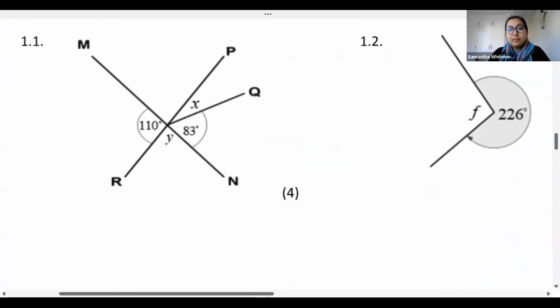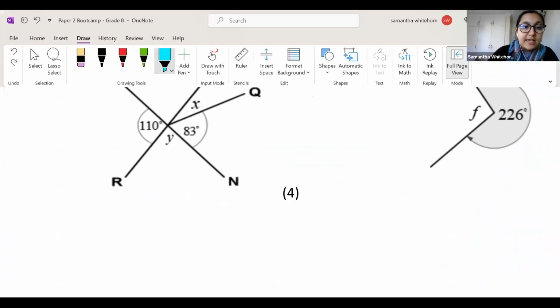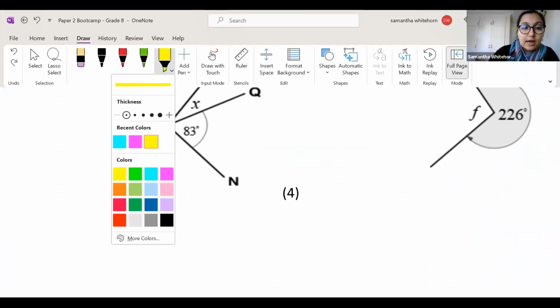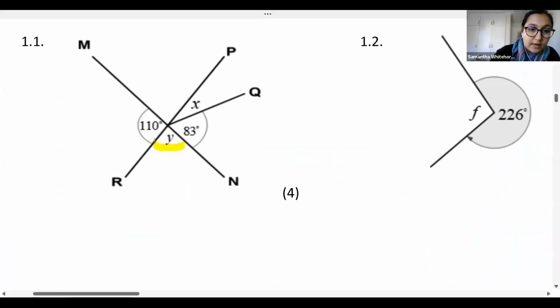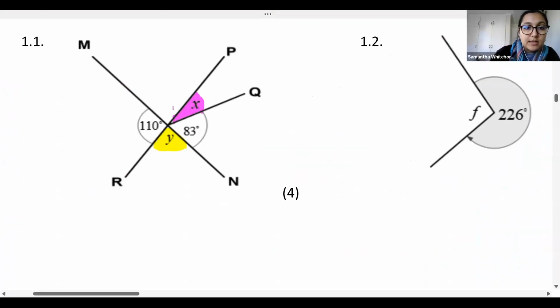We've got our diagram. The question says, determine the sizes of the unknown angles. So let's start very, very basically by figuring out where these unknown angles are. Well, I've got one unknown angle here at Y, and I've got a second unknown angle at X. So I need to work out the size of those two angles in my diagram based on the information I have been given.